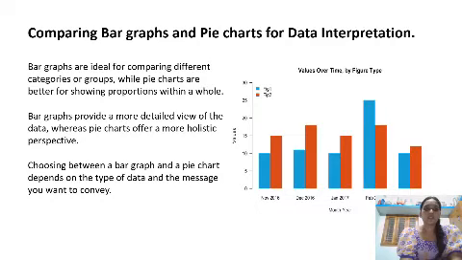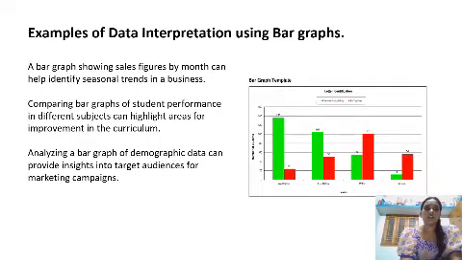Bar graphs provide a more detailed view of the data, whereas pie charts offer a more holistic perspective. Choosing between a bar graph and a pie chart depends on the type of the data and the message you want to convey.